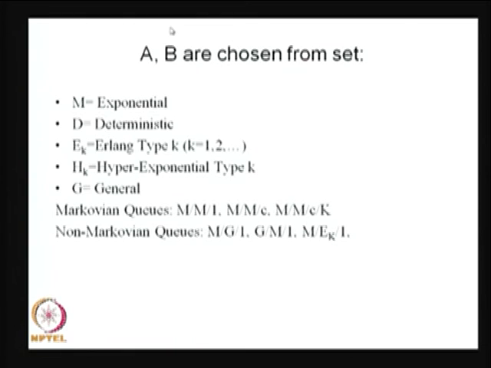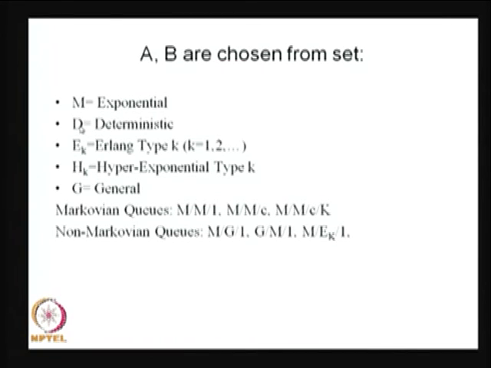Even though it is exponentially distributed, we use the letter M because the exponential distribution satisfies the memoryless property, or Markovian property. So whenever you write M in the place of A or the second place B, that means the inter-arrival time or the service time is exponentially distributed, respectively.